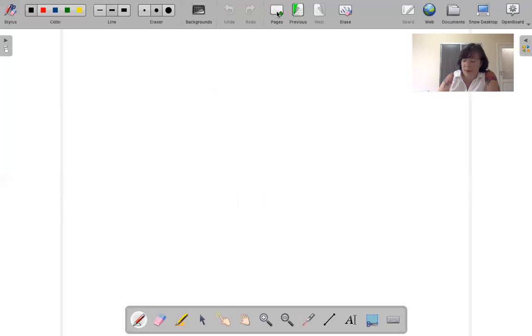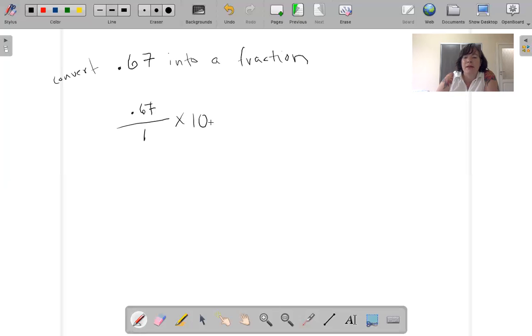Let's do another one. Let's make it a little bit more difficult. Let's say 0.67. Convert 0.67 into a fraction. All right, so I put my decimal over 1. 0.67 over 1. I multiply it by 10, and that moves this decimal over 1.